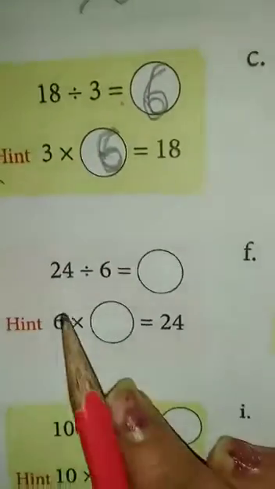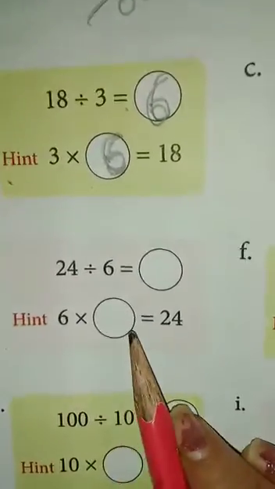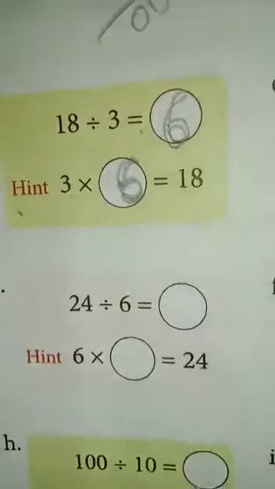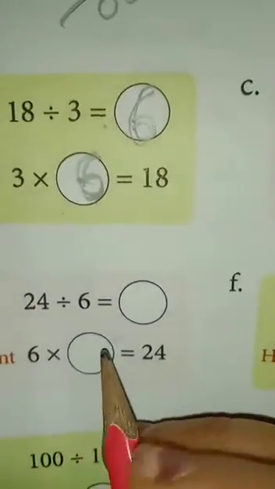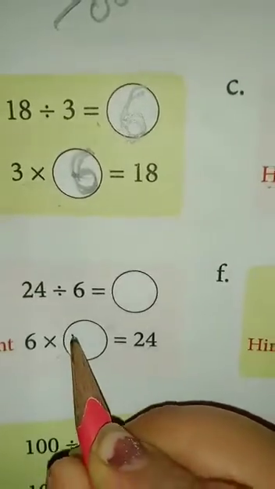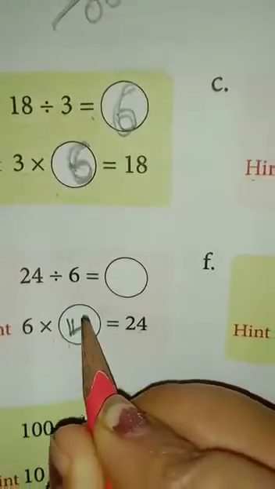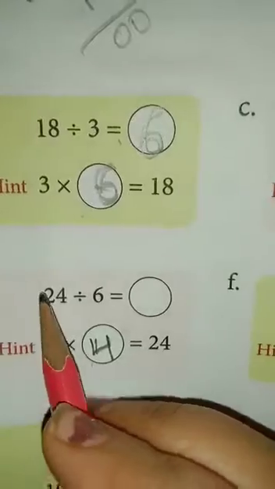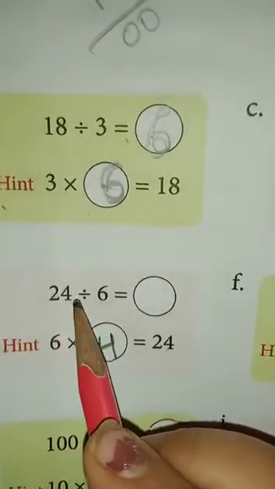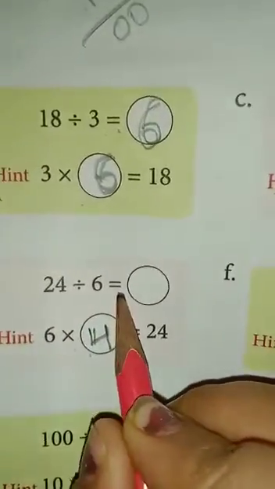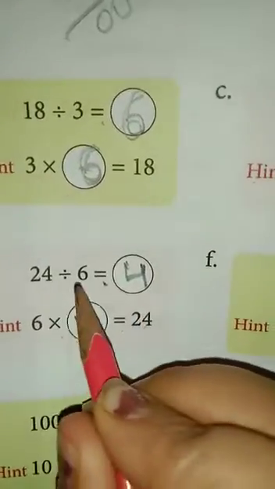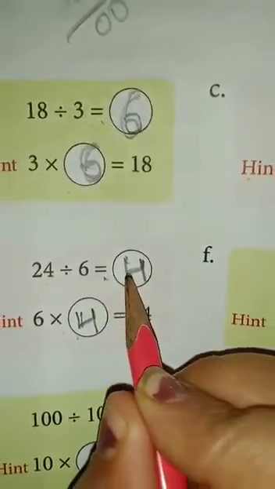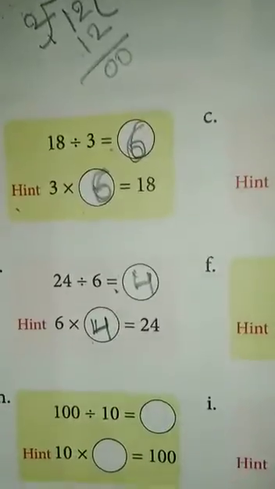Next one, the hint: 6 into blank is equal to 24. We already know the 6 table. 6 fours are 24. So 24 divided by 6 is equal to 4.